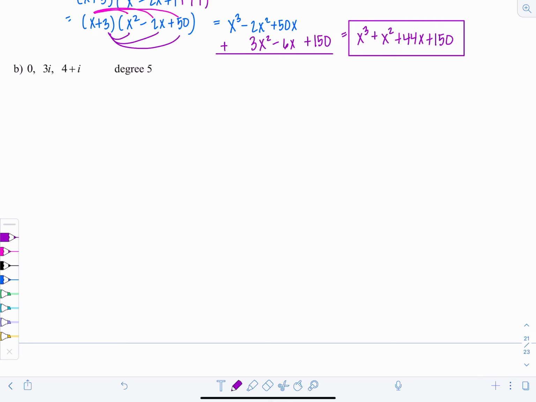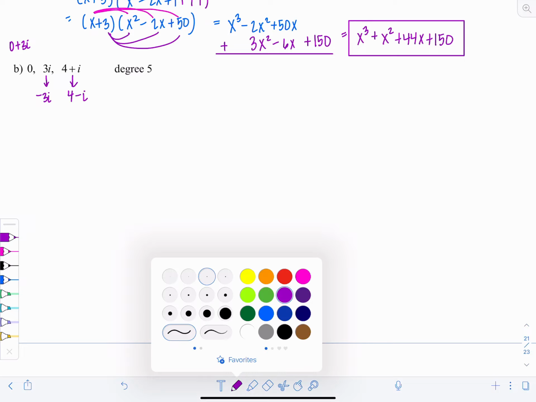But remember, we have that conjugate pairs theorem, so I can figure out 2 more quite easily. If 3i is a 0, so is negative 3i. Think about it. 3i is 0 plus 3i, right? The real part is 0. So just switch the sign. And then if 4 plus i is a 0, so is 4 minus i. Fantastic.